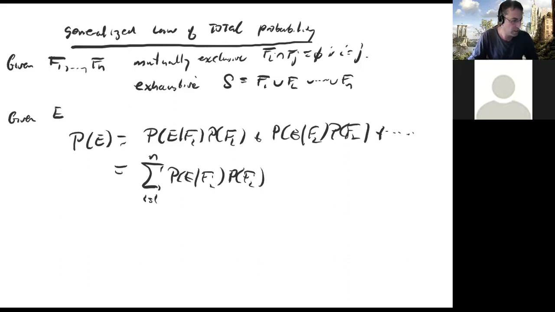Okay, so I'm now going to generalize Bayes' theorem as follows.